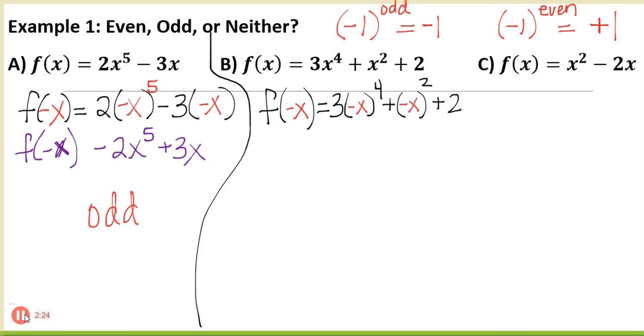Well, 4 is even, so that negative x is going to become positive. So it's going to say 3x to the 4th. 2 is also even, so the negative x becomes positive. And when we look at this, notice that it is exactly the same. Because this is an exact match, f of negative x is exactly the same as f of x. This is an even function.